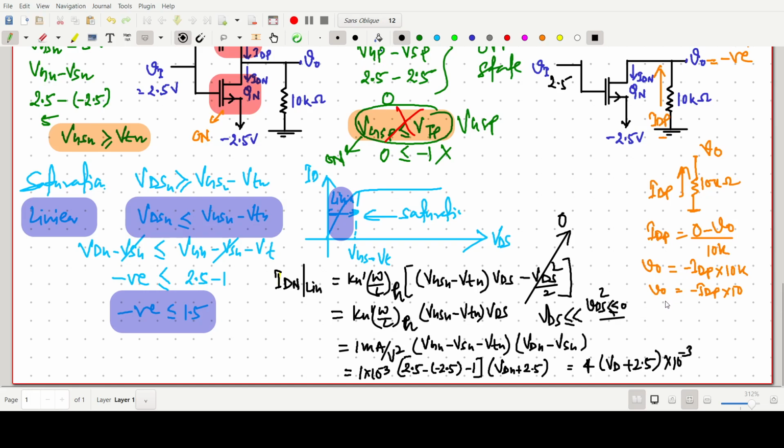Now from this one, the V naught value is like minus IDp into 10. So this one is nothing but simply our VD, VD equals V naught, because this one is drain in, gate in, and source in.